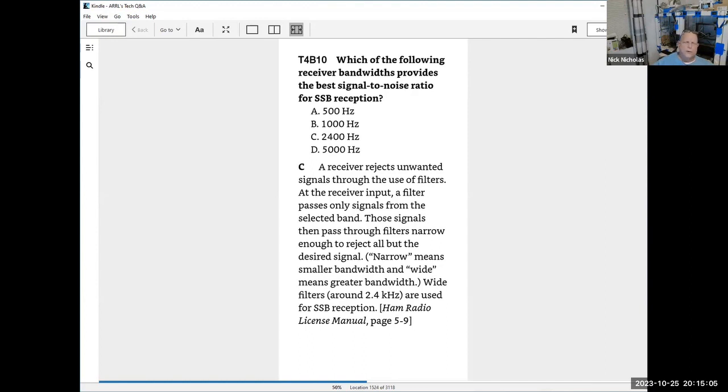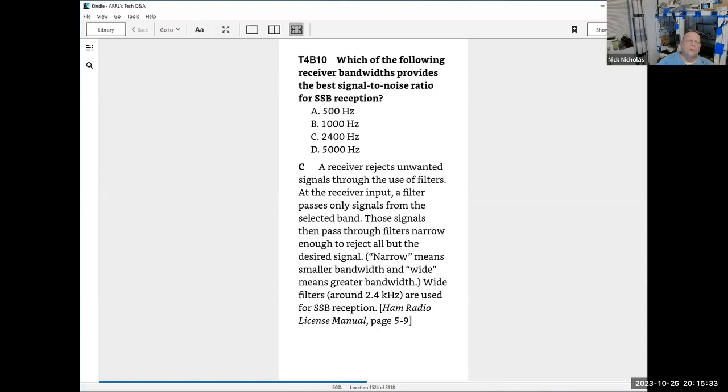But you would lose the very edges of the signal. But that can help you by eliminating noise close to the frequency. In Morse code, you could narrow much finer. You could go down to 160 or 180, maybe 200 hertz filters, but you can't in sideband.